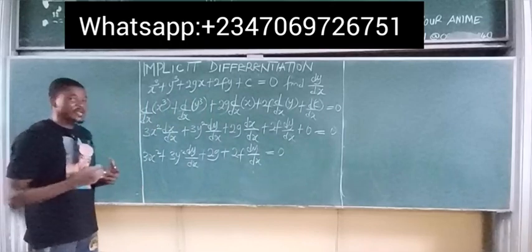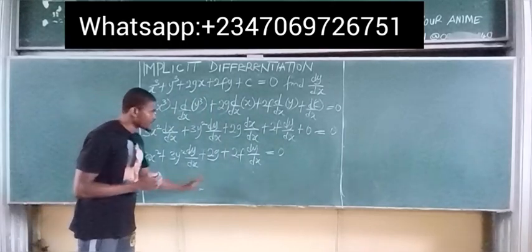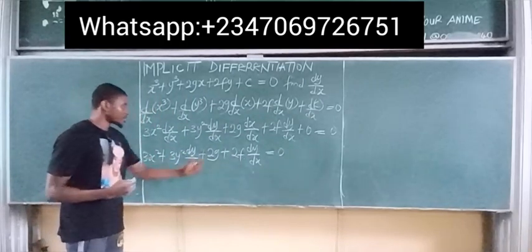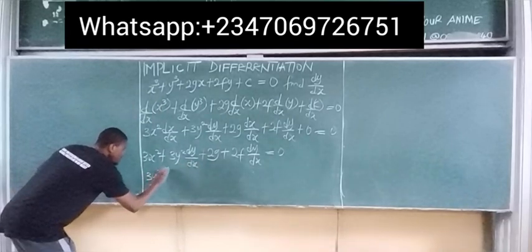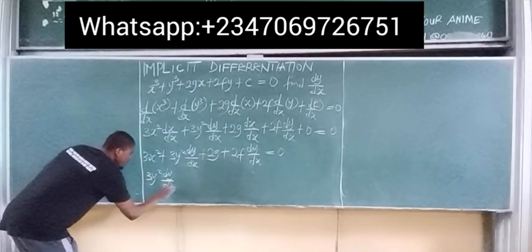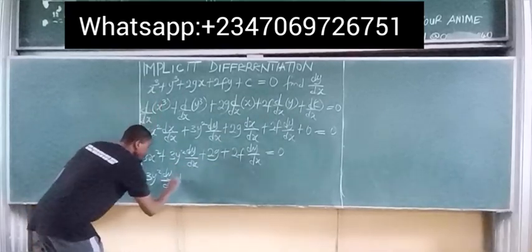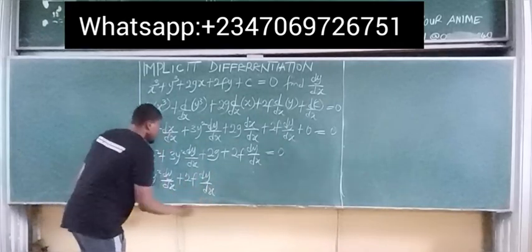So at this point, all I need to do is simply what? Collect like terms. I have the dy/dx here, I have the dy/dx here. Simply bring them together, and of course take these other terms together as well. So I'll simply have 3y squared dy all over the dx, and I send this over here. It becomes plus 2f dy all over the dx.